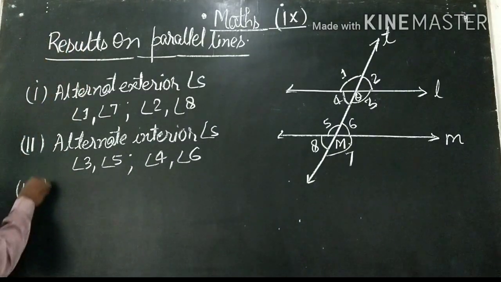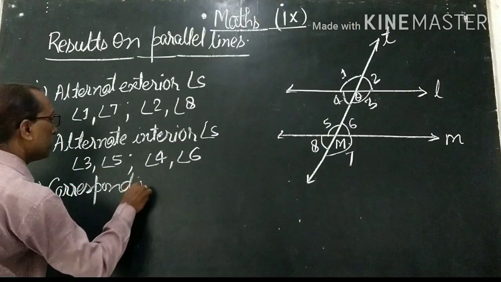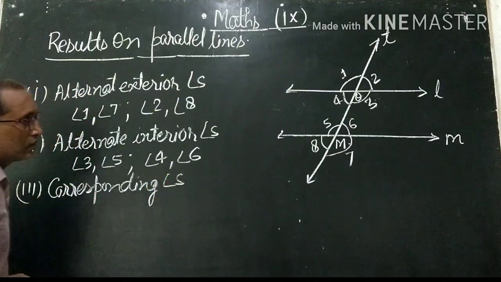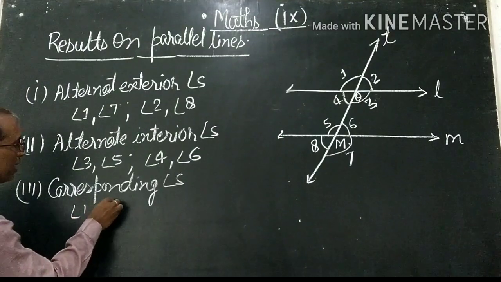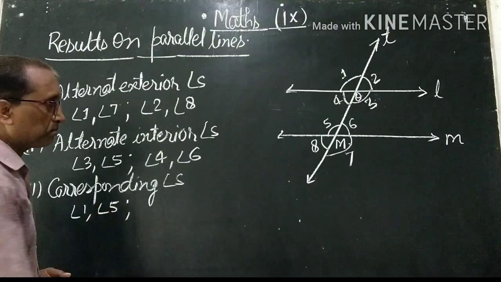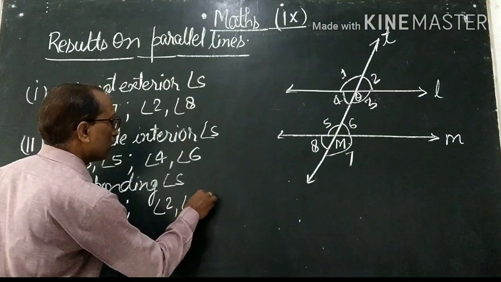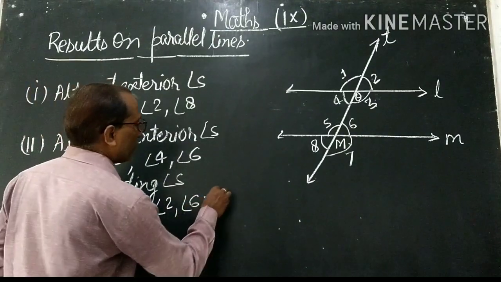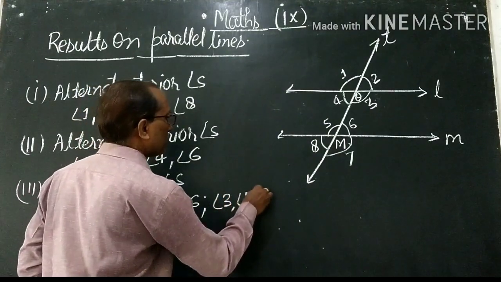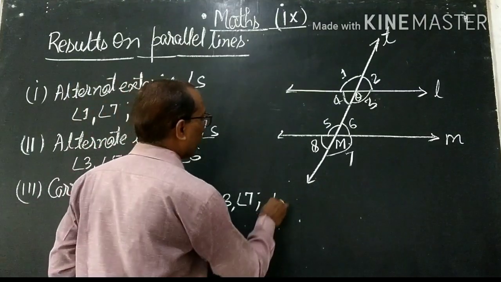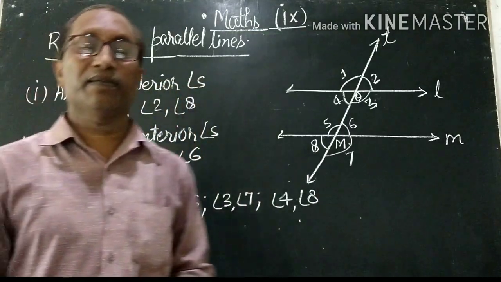Third, corresponding angles: angle 1, angle 5 are corresponding, angle 2, angle 6 corresponding, angle 3, angle 7 corresponding, angle 4, angle 8 are corresponding angles.